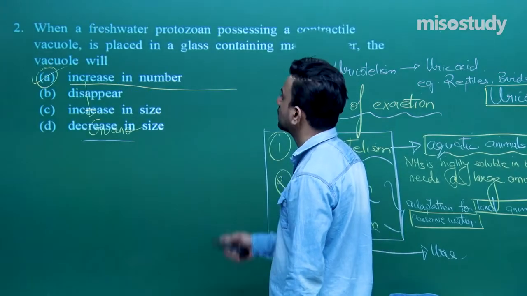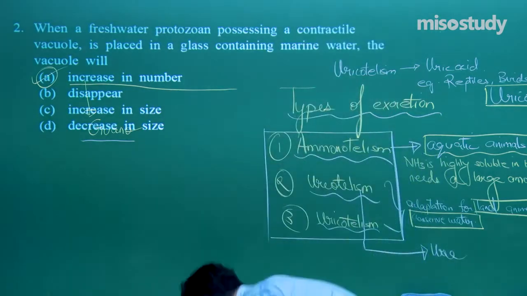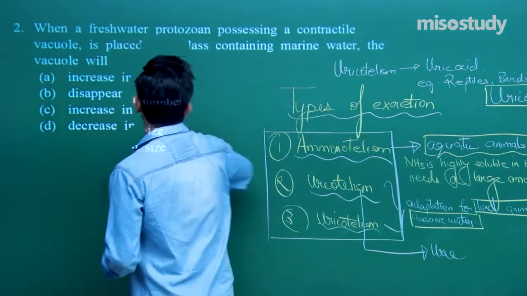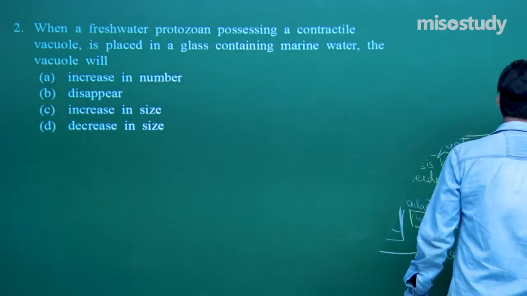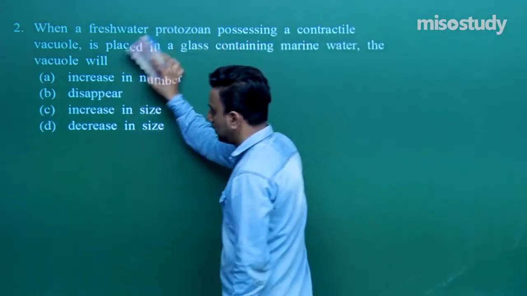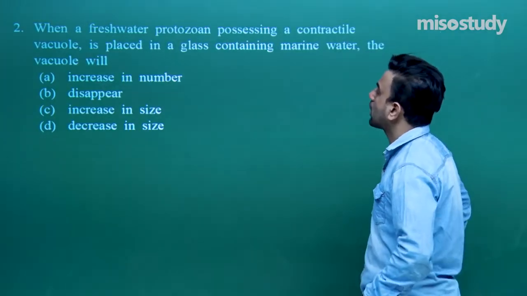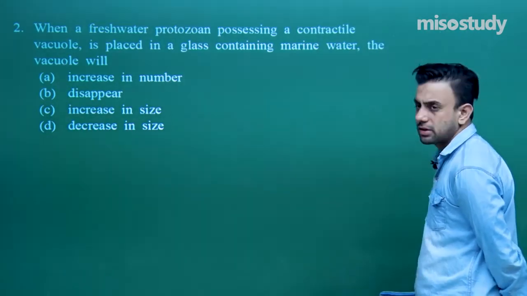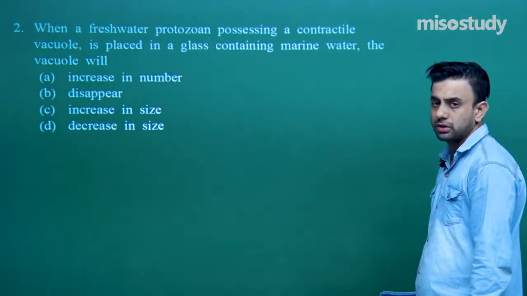Let us move to the next question. When a freshwater protozoan possessing a contractile vacuole is placed in a glass containing marine water, the vacuole will, okay, suppose first of all you do not know what a freshwater protozoan is.